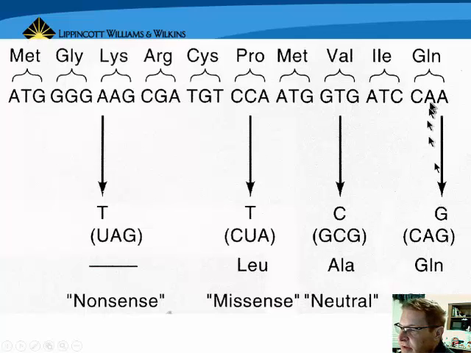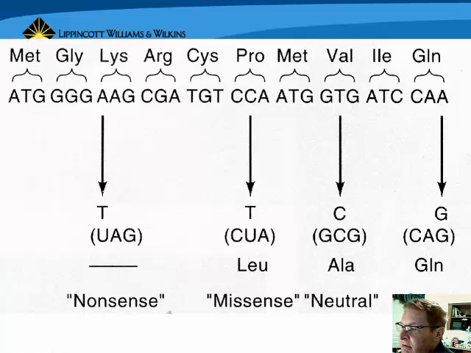Starting on the right side, here we have an A going to a G mutation, and the amino acid that they code for is both the same. So even though there's a change in the DNA sequence from an A to a G, since the amino acid sequence is the same, we don't see any difference.